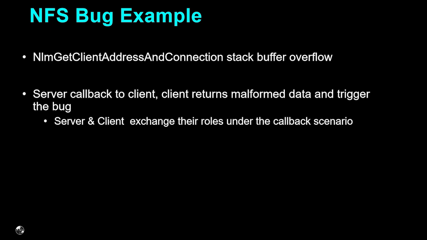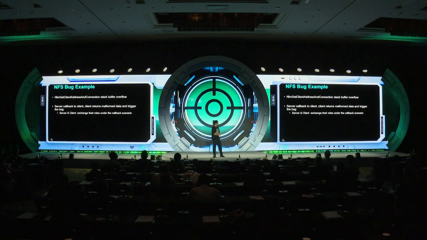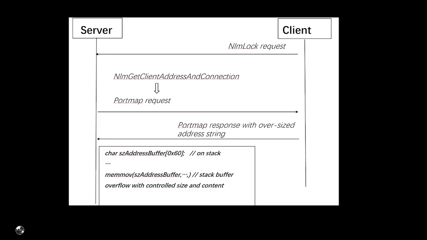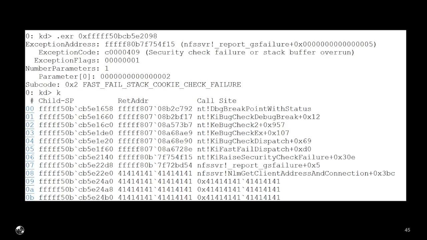It is a classic stack buffer overflow bug when the server tries to call back to the client and retrieve some data from the client. As you can see, the server just copies the data from the client to a stack buffer without any checking, resulting in a classic stack buffer overflow.